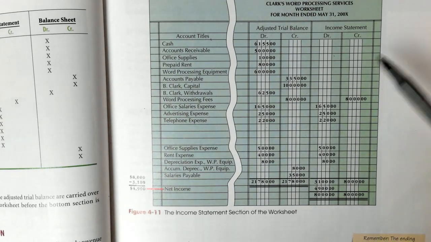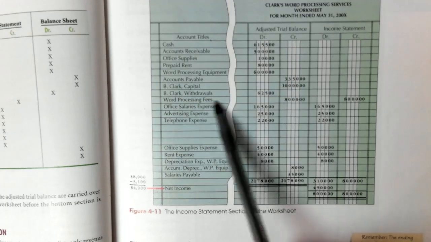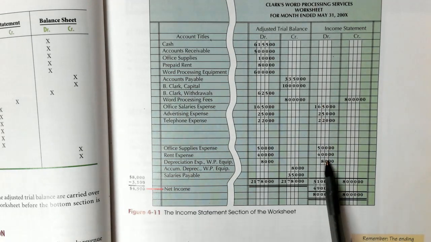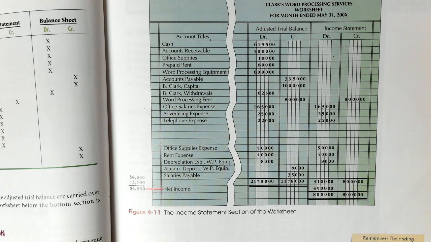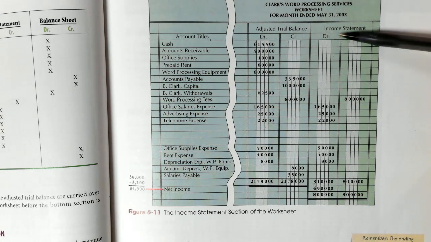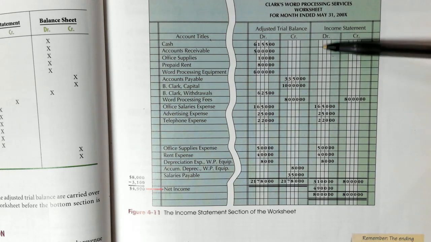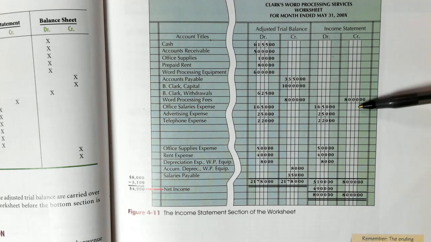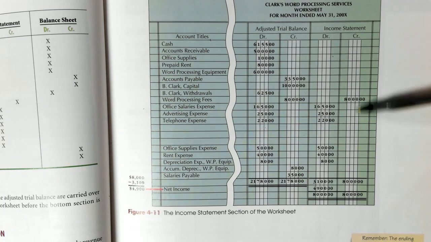Okay, so the income statement has our revenue and our individual expenses. So think about the normal balance of types of accounts. Expenses have a normal balance of debit, and revenue has a normal balance of credit. So in the income statement section, expenses go on the left or debit side, and revenue goes on the credit side.